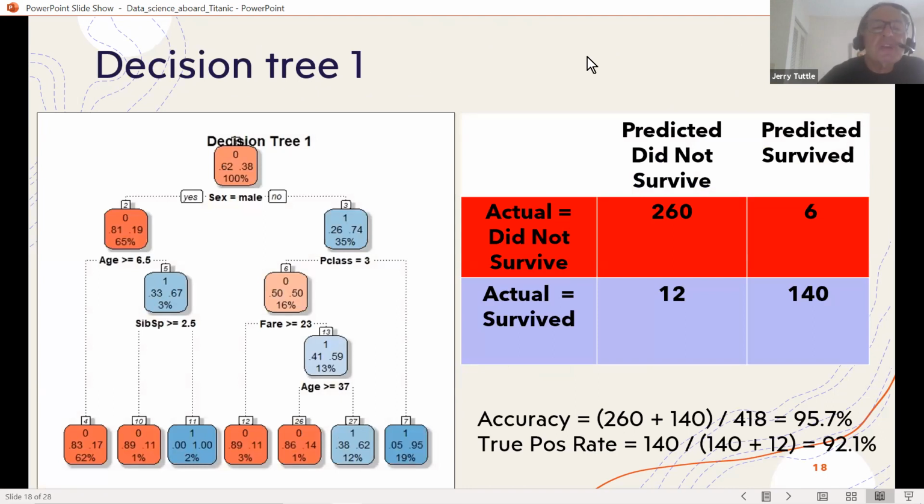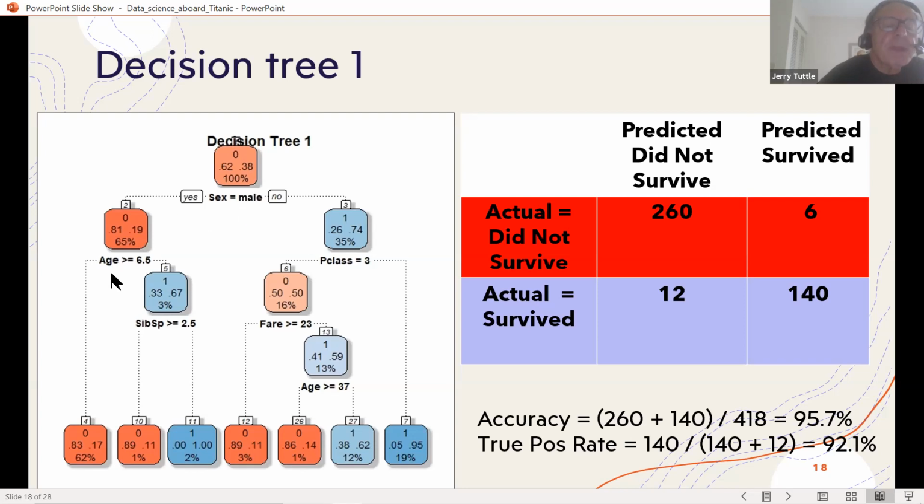So this is using the Titanic data. This is my first cut at a decision tree. The algorithm does all the work for me, although a few slides from now, you'll see that I made some changes to the algorithm. The algorithm decided the first way to split the data was by gender, male or female.